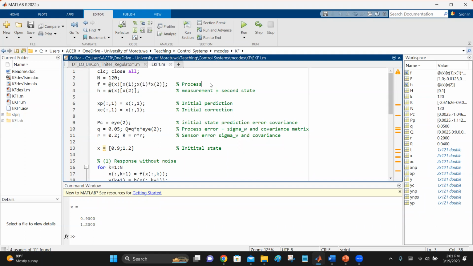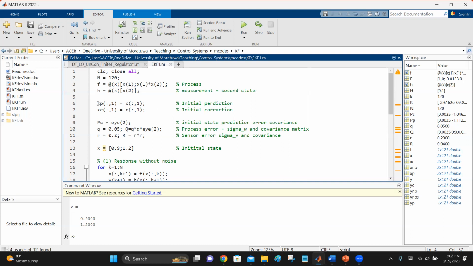This is the process. And H is the measurement matrix, the output of the plant. And we only take x2, we don't worry about x1. Here, the variable of interest is x2. So I have these two functions here to represent my model, my process.